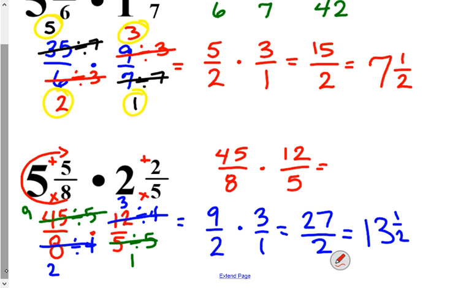And that would have given me 540 40ths, which I could simplify and it would eventually give me 27 halves or 13 and a half. It just might take me longer to get there. So again, the advantage of cross simplifying is just that it allows you to work with smaller numbers. It is not required for you to do, but it can be really, really helpful.